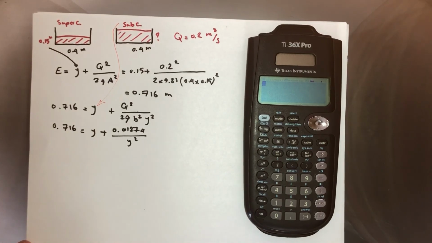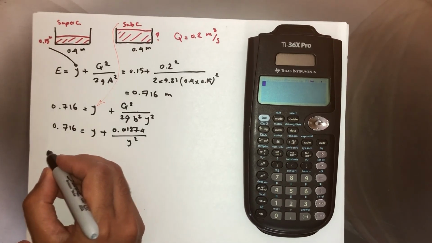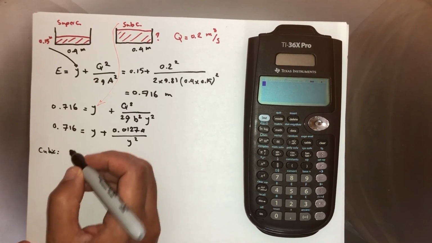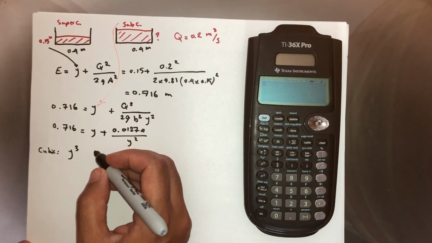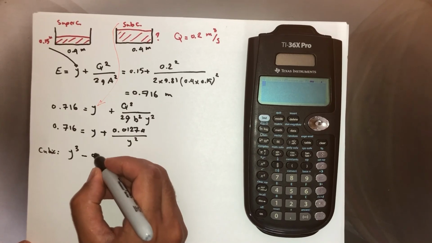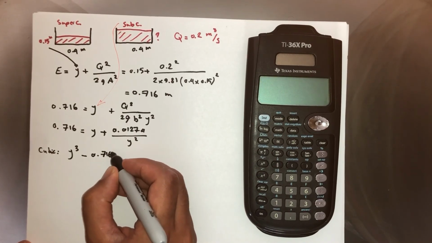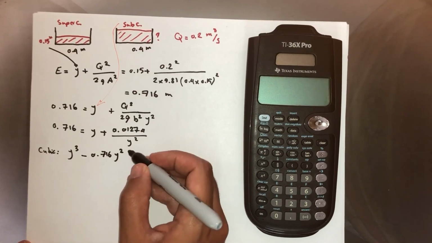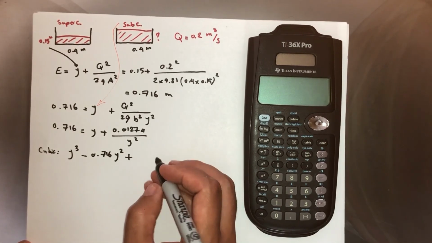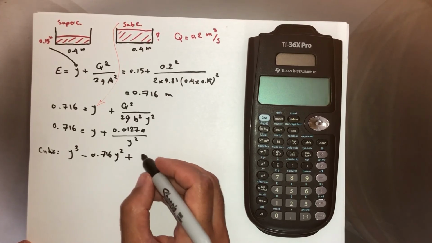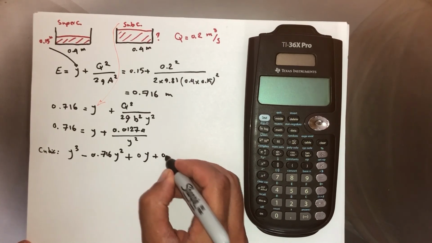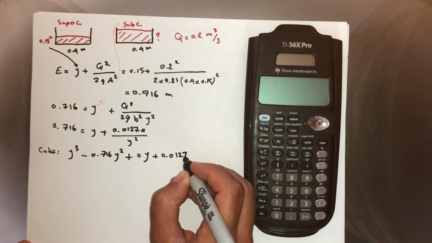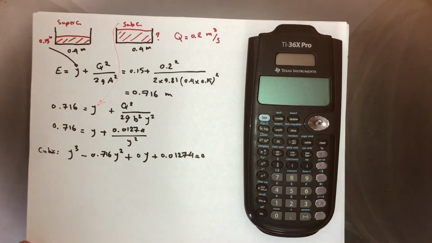If I want to form it to the standard shape, then my cubic equation, a polynomial equation, is y cubed minus 0.716 times y squared plus, it's best that you show all the terms, there is no term for first degree, so I show 0 times y, plus 0.01274 equals 0. Now we want to solve this and find the alternate depth.